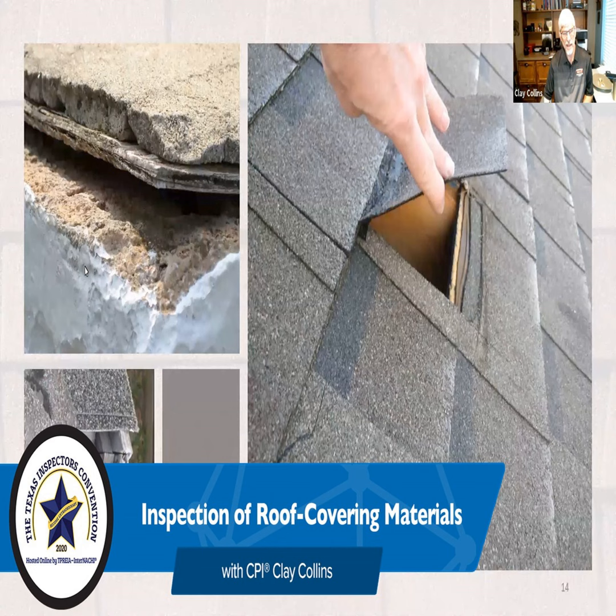But again, those nails are going to be covered. You're not going to know that unless there's other problems. That's a 3-tab shingle. Down here you have the same issue with an architectural or laminated shingle.